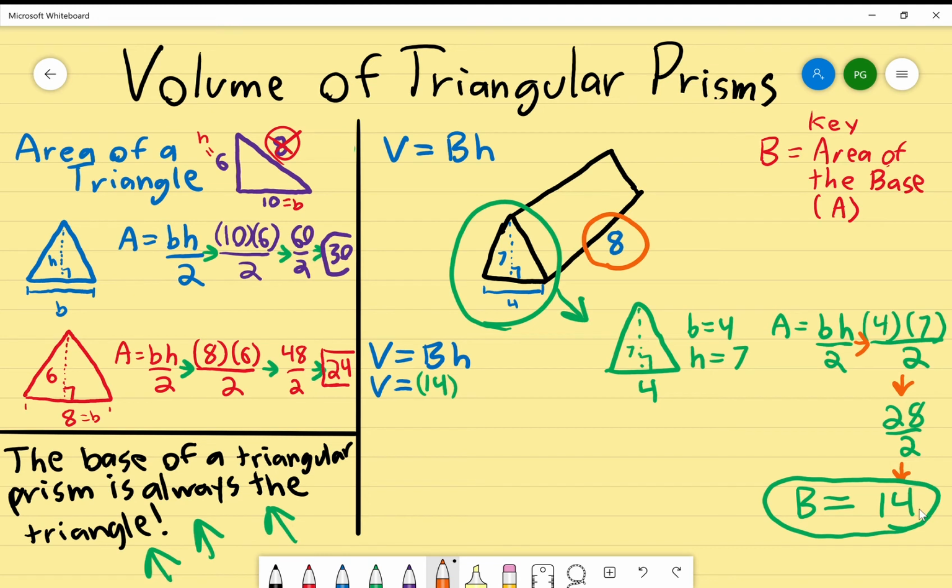Remember, this one's on its side, but that's it. So the height will be 8, so 14 times 8. That's all you have to do. 14 times 8 will give you 112, and that's your answer. Your volume is 112.